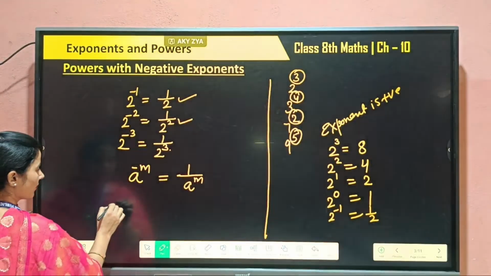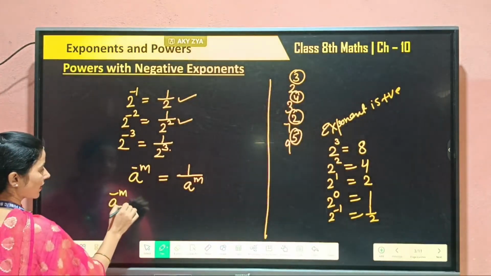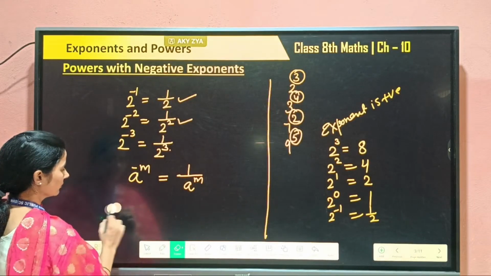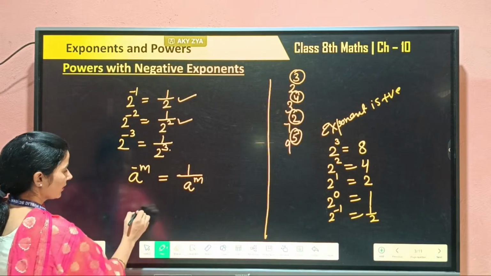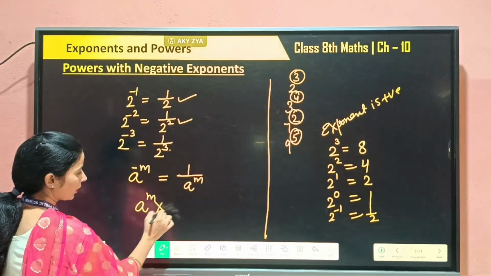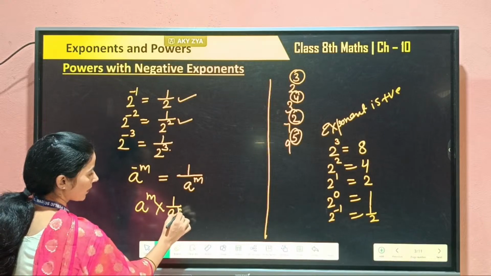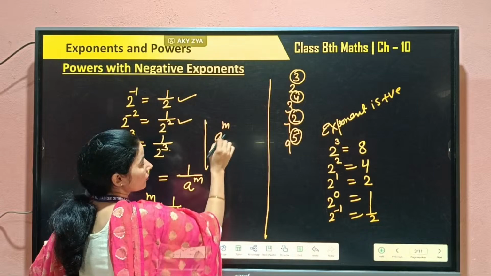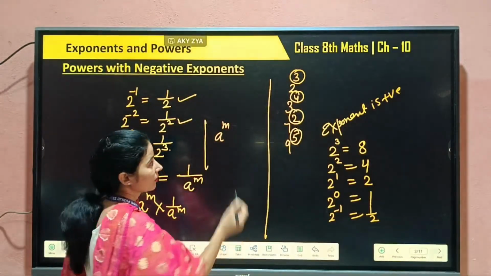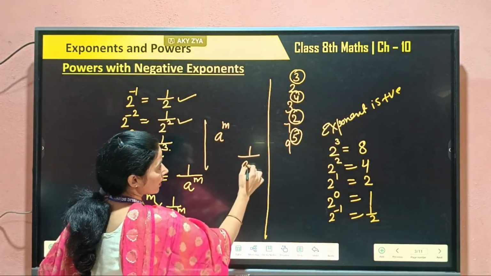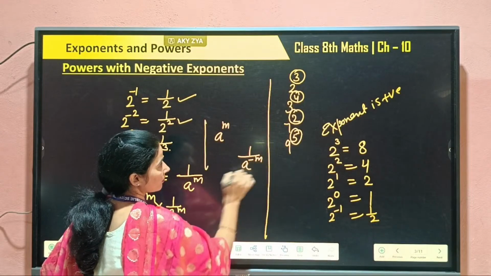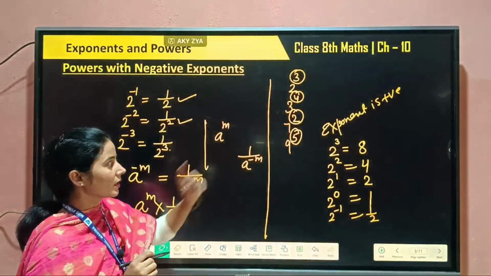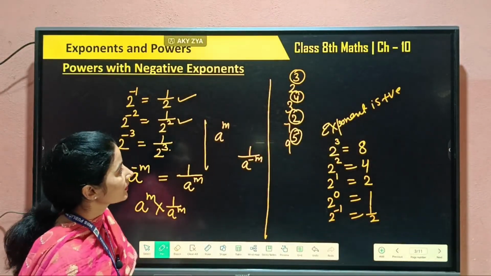Multiplicative inverse: a raised to power minus m into a raised to power m. What will be the multiplicative inverse of a raised to power m? Its multiplicative inverse will be 1 upon a raised to power minus m.